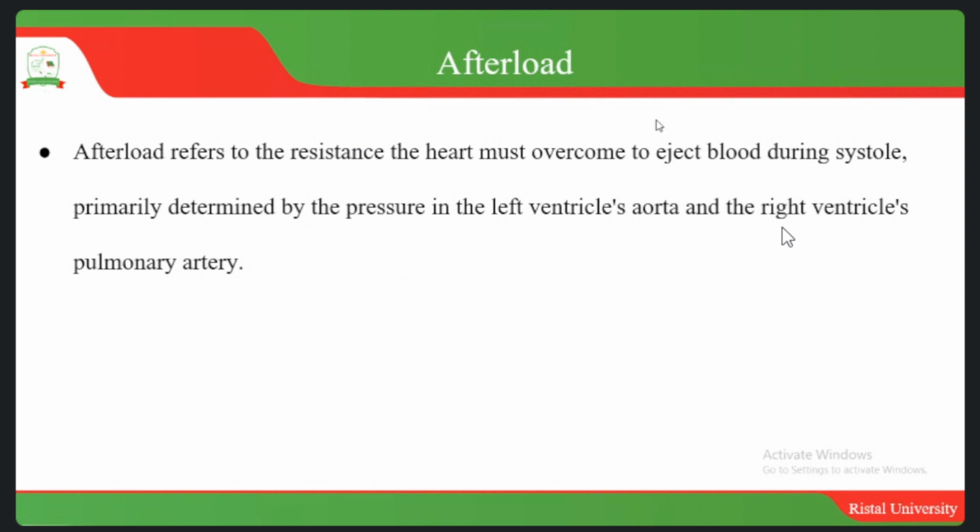So all this works hand in hand, but if there is any kind of resistance, I mean failure of the ventricles to resist during this time, then it will cause a problem to the heart in relation to afterload. So this heart must be able to overcome in order to eject the blood during this systole phase.